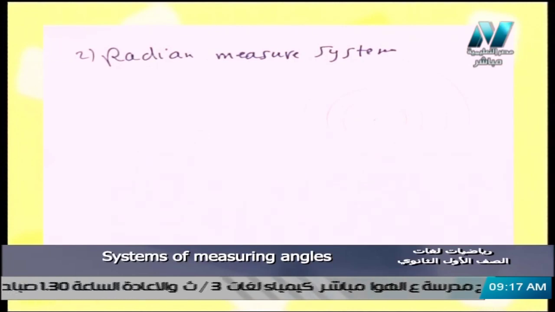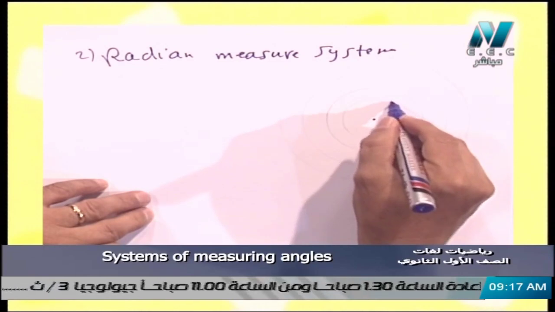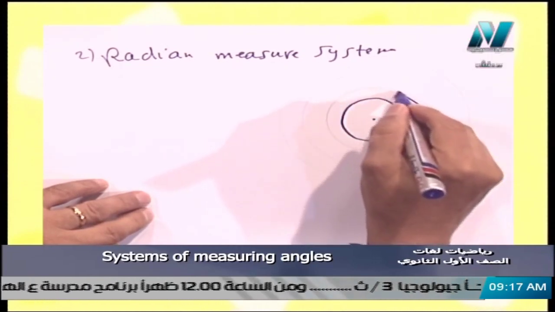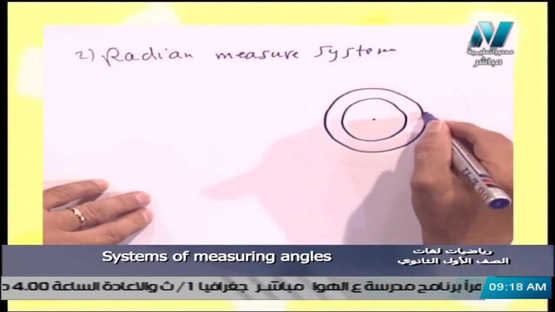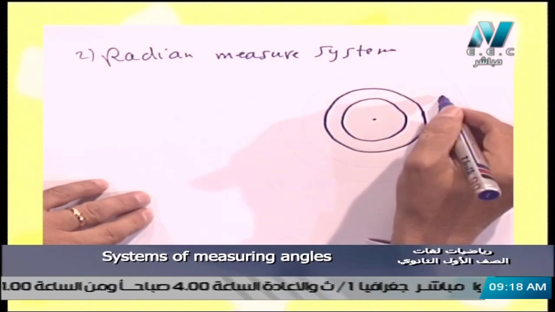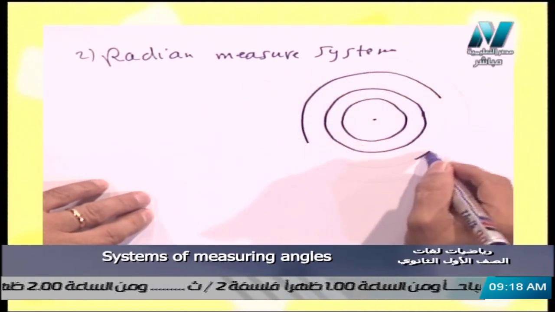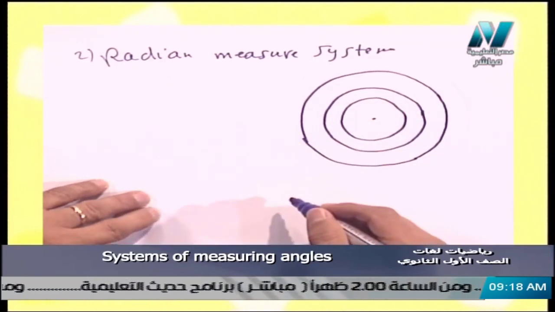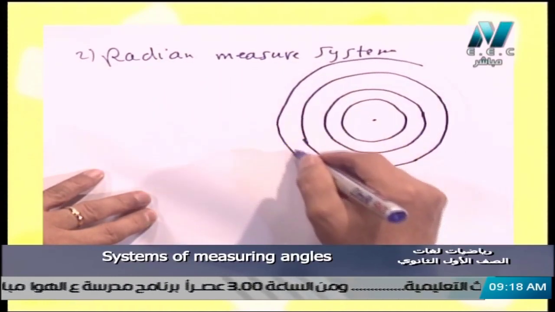Okay, here is the center. Look carefully, I have a circle here and another one has the same center, and the bigger one has the same center also. So they are concentric circles, and the last one here.